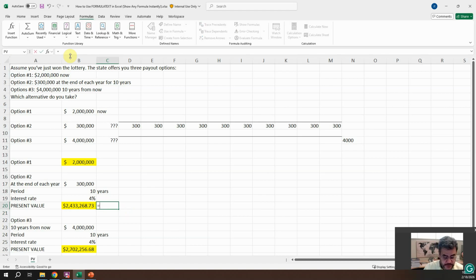We use a formula called FORMULATEXT. I want the formula that is written in this cell here to be shown here. Present value, B19, B18 minus B17, and we are good to go.